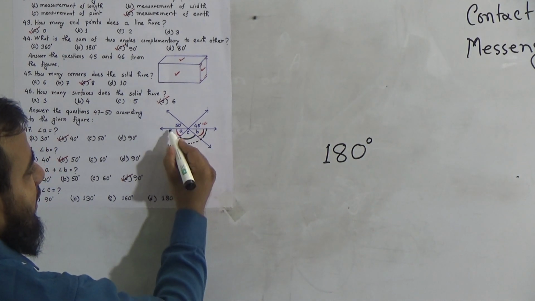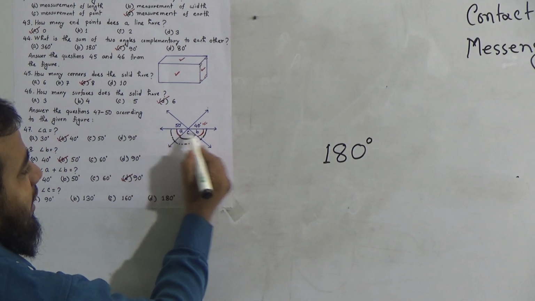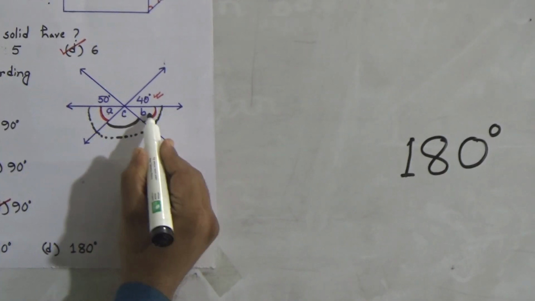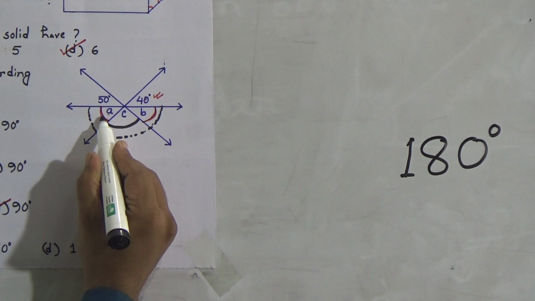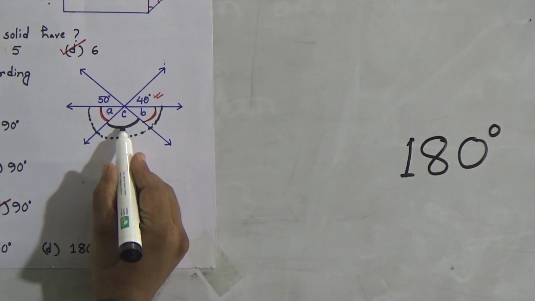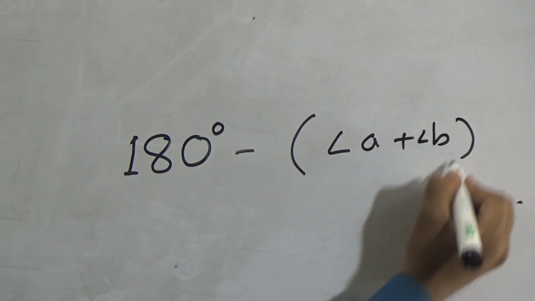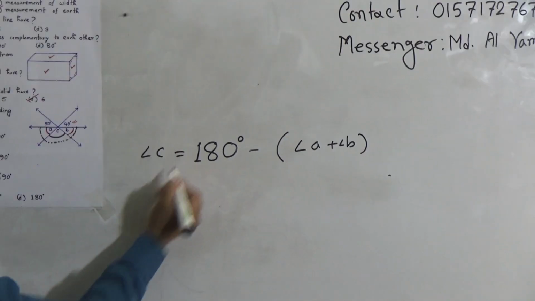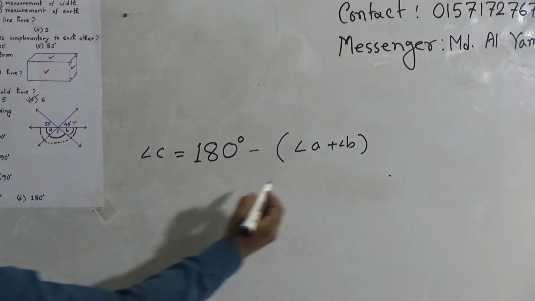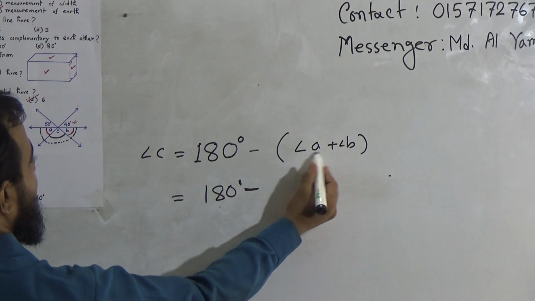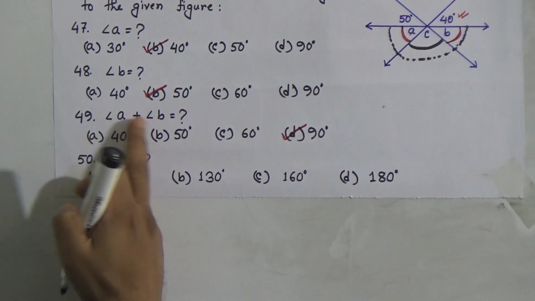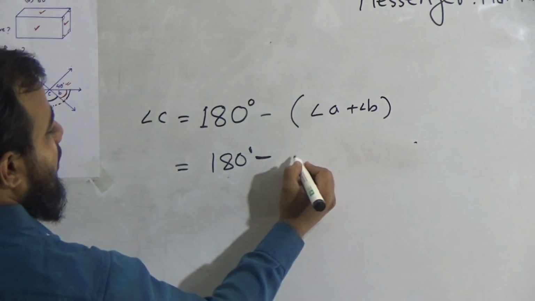Okay. From this angle we have to subtract these two angles, angle A and angle B. When we subtract angle A and angle B from the straight angle, we will get angle C. So angle C will be 180 degrees minus the sum of angle A and angle B. We know from question 49 that angle A plus angle B equals 90 degrees.